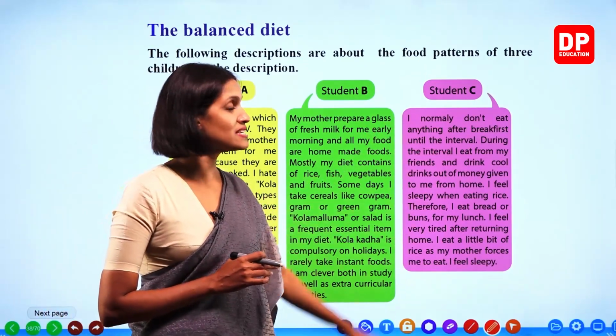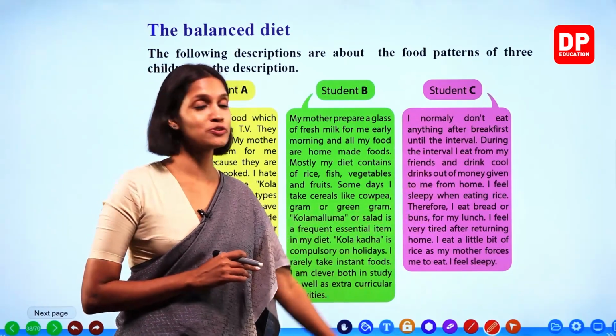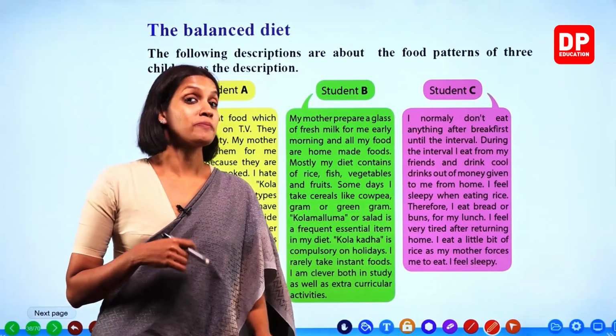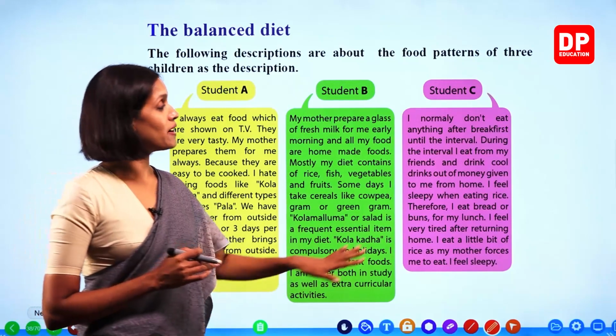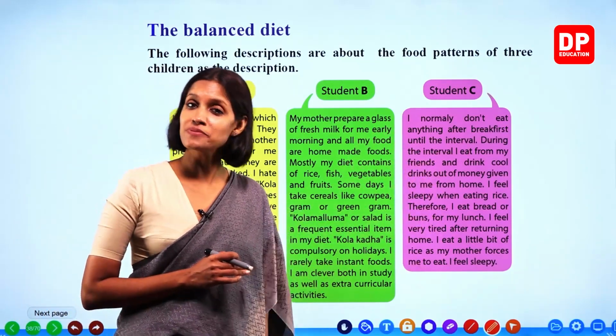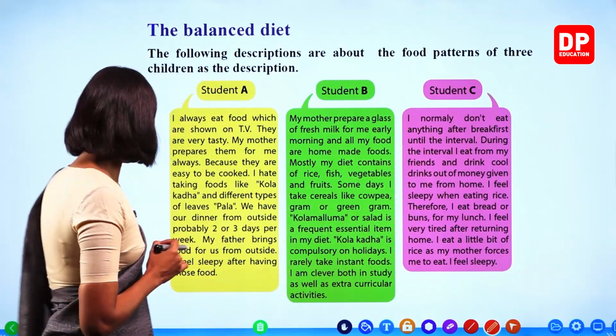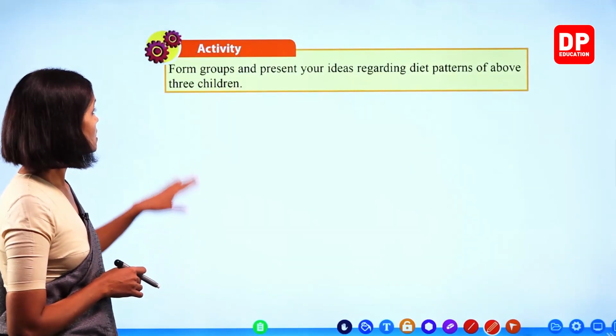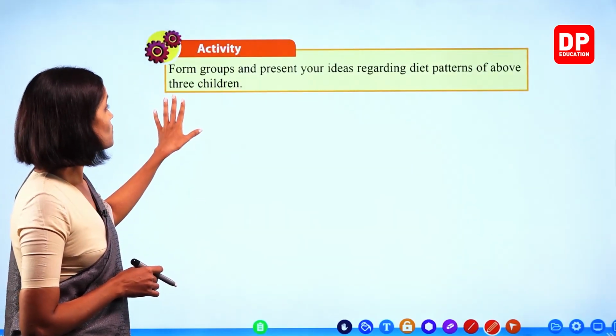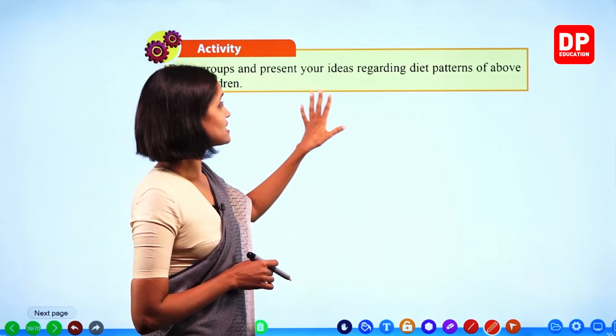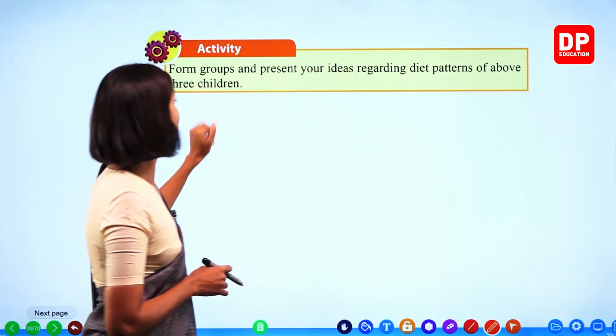Student C, some of you are like him too. Right? When your parents give you pocket money, you buy some unnecessary food items out of it. Right? Let's see what we have to do. Activity: Form groups and present your ideas regarding diet patterns of the above 3 children.